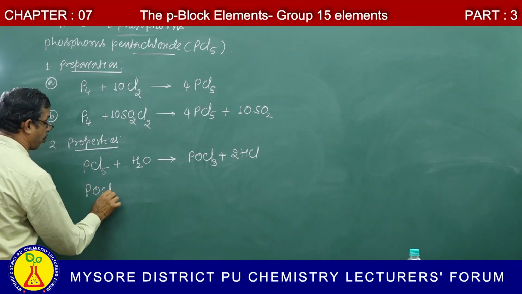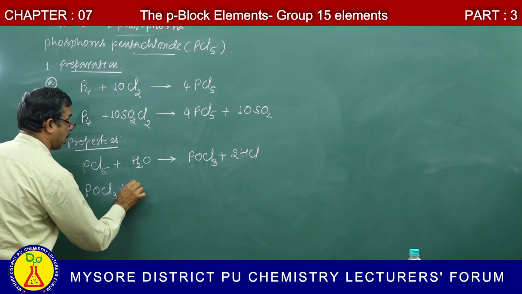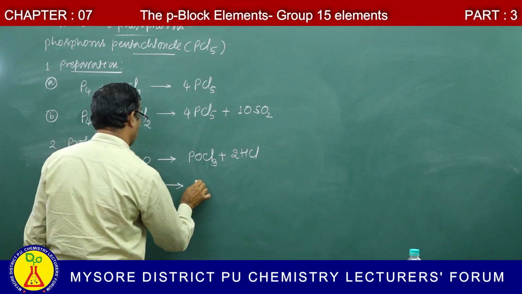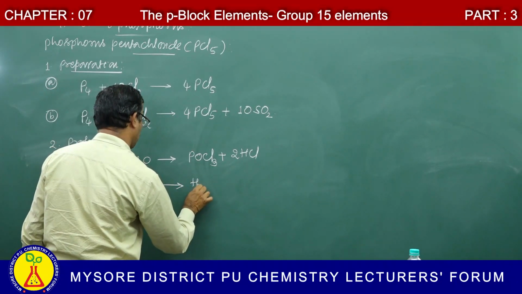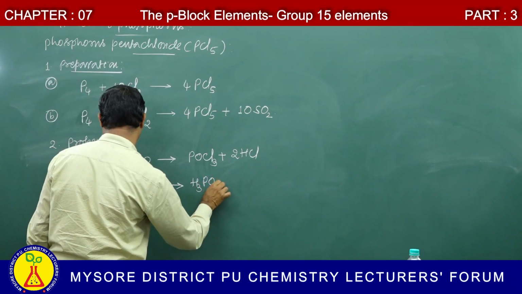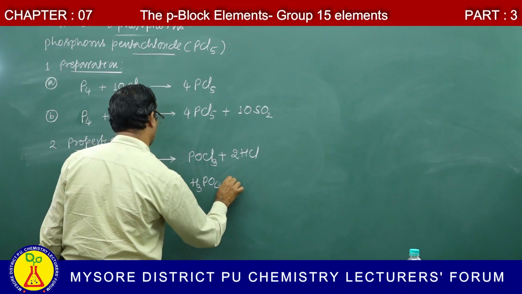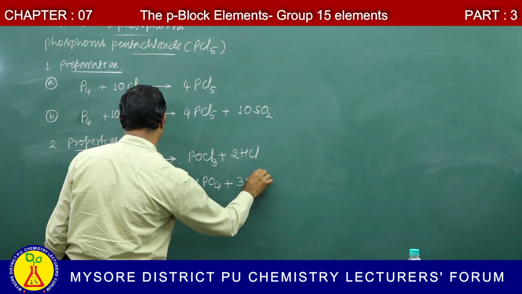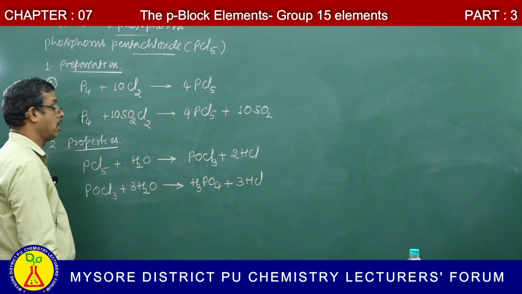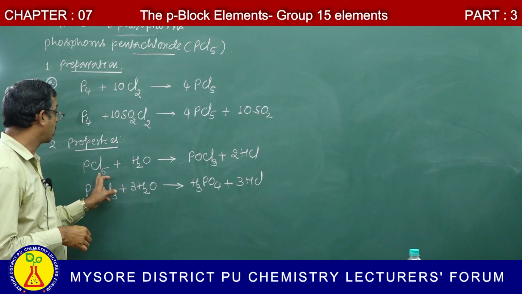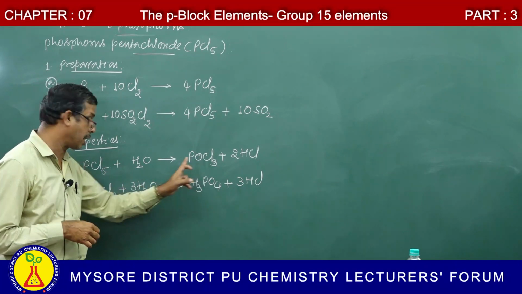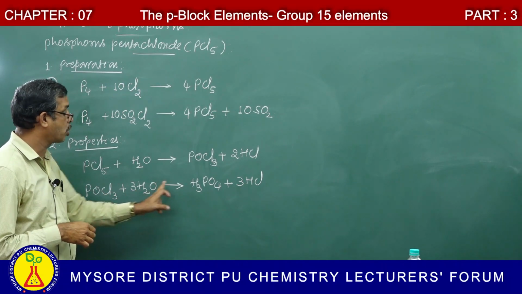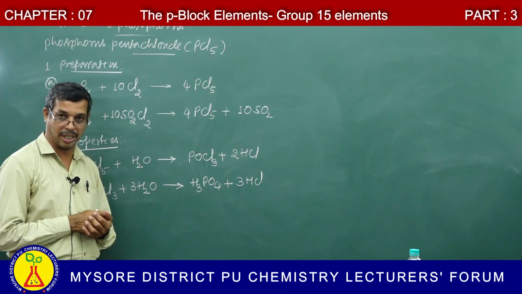POCl3 plus 3 water, we get H3PO4 plus 3 HCl. So, first PCl5 hydrolyzes to give POCl3 and then it further undergoes hydrolysis to give phosphoric acid.